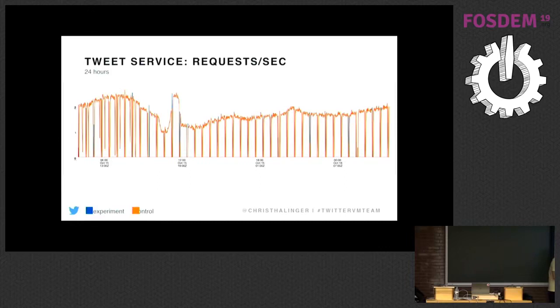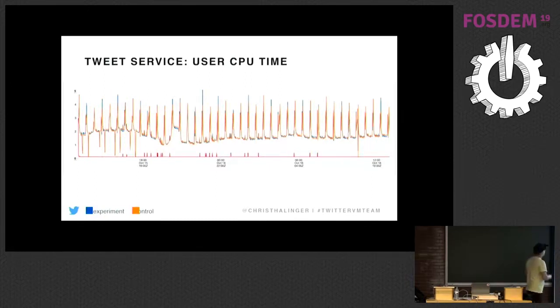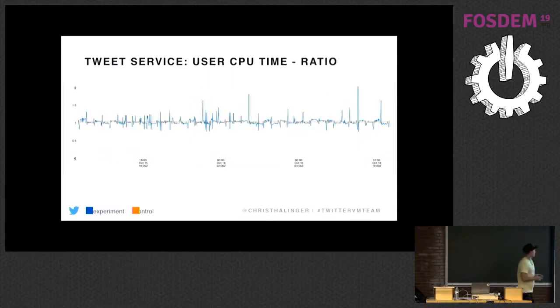As you can see, this is just requests per second, and it's the same for the two instances. And this is user CPU time. The experiment is blue, and the control, which doesn't change, is orange. If the blue line is below the orange one, that means we see an improvement, and if it's above, then it's worse. I have the same graph slightly different here. It's a little easier to see. Every time it's below, it's better. When it's above, it's worse.